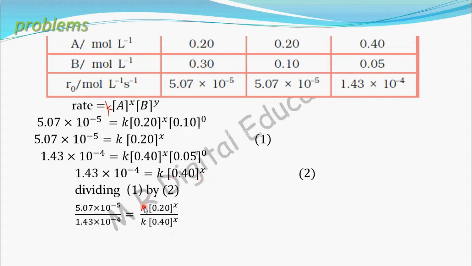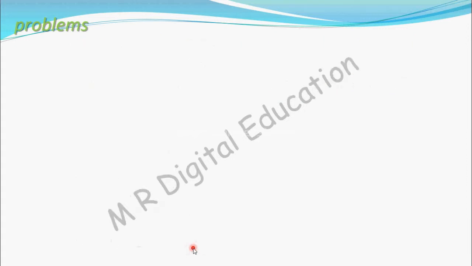See, k gets cancelled. Now when you divide these two, you will get 3.54545 into 10 to the power minus 1. Now take x common, because both powers are x. So take power x common, 0.2 by 0.4, and then simplify.